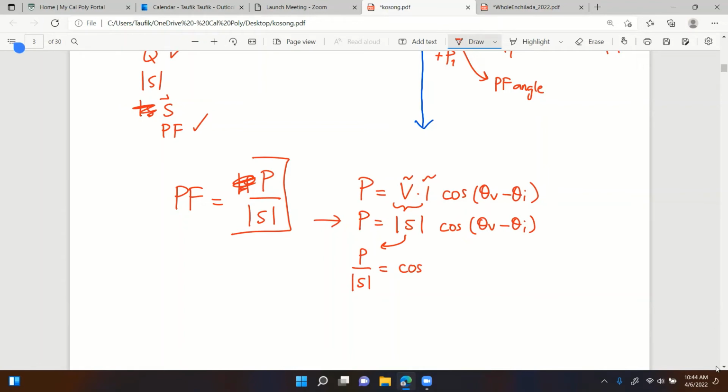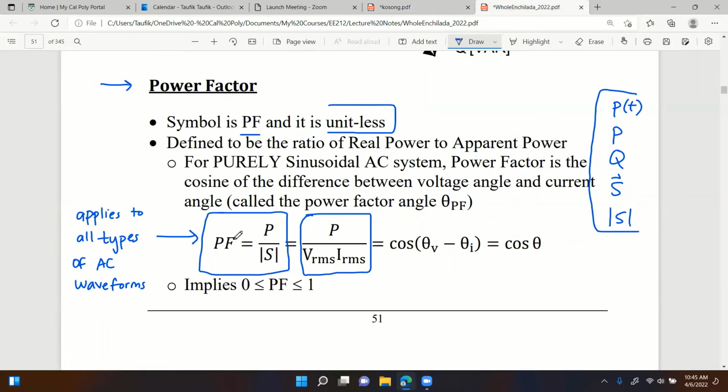I get the ratio of P over S equals cosine of theta V minus theta I, or in short, just cosine of theta. So this is a special case for sine wave only. So for sine wave, the equation for power factor is equal to cosine of theta V minus theta I, or cosine of theta.